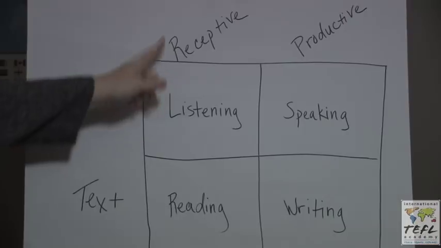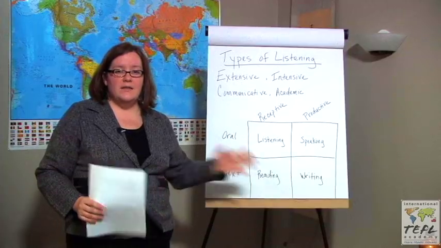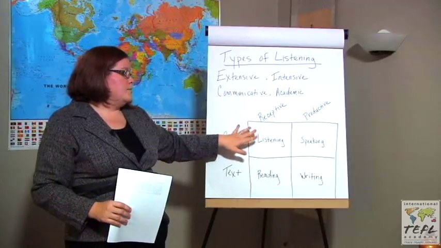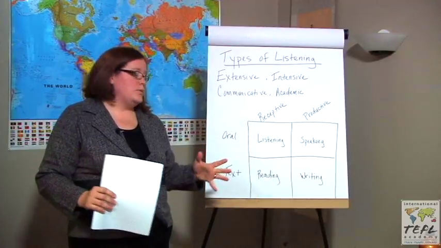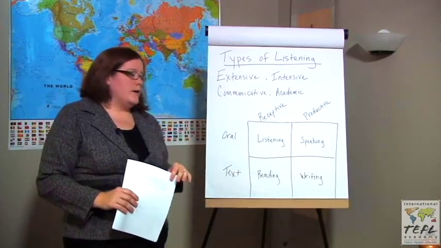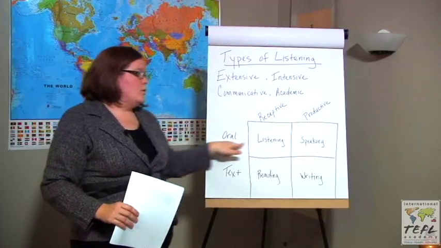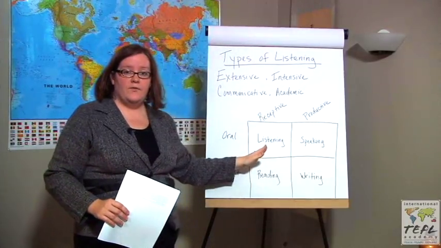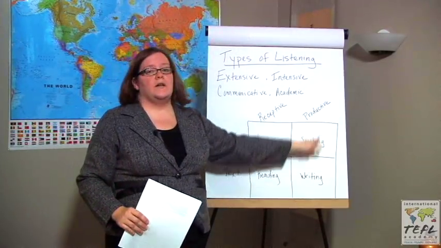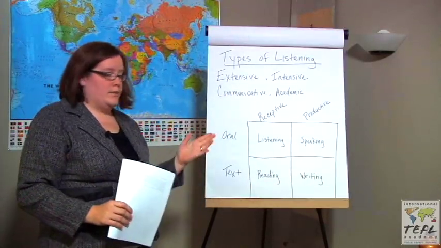Sometimes it is linked with reading because reading is also a receptive skill. So that is why your curriculum puts these two in the same module. But also, other programs might link listening with speaking because both are oral skills, one the receptive oral skill and one the productive oral skill. So keep that in mind as we're talking about listening.